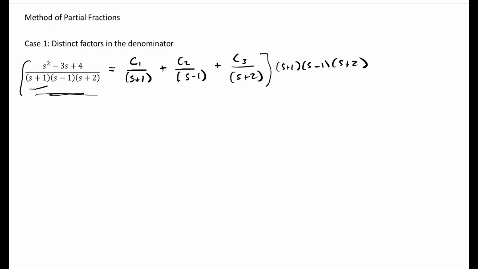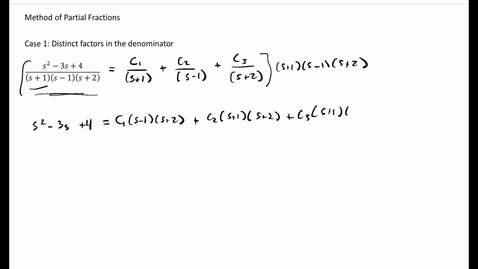That gives us on the left-hand side S squared minus 3S plus 4 now equals C1 times S minus 1 times S plus 2, plus C2 times S plus 1 times S plus 2, plus C3 times S plus 1 times S minus 1, right? So you see what we did. We just cleared out the denominator by multiplying through by everything.